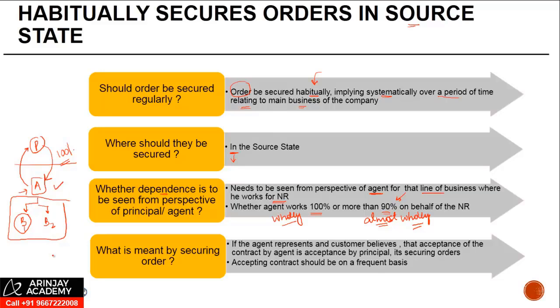So if a customer comes in and interacts with A, A discusses everything with the customer, and even though he's not concluding the contract, he's not signing it, the fact is that most of the time what A says is also accepted by the principal. That's something which is known as securing orders. And second is, given the word habitual, the acceptance has to be on a frequent basis.